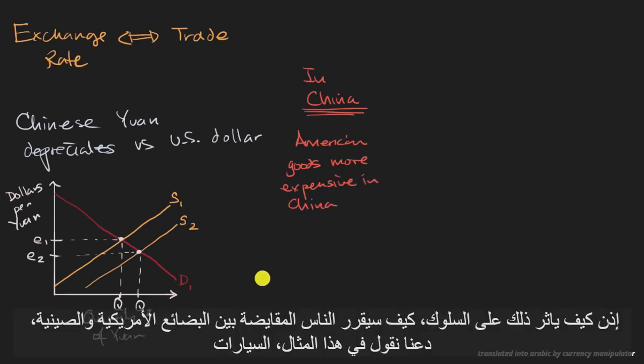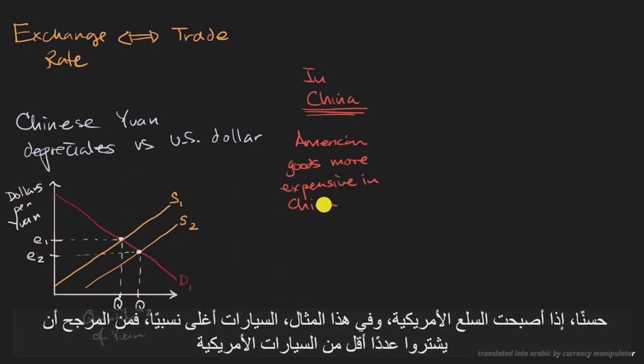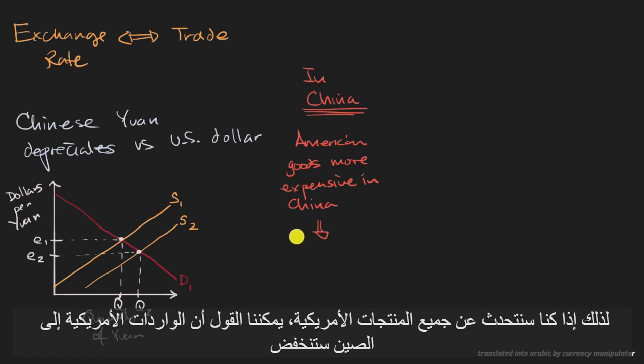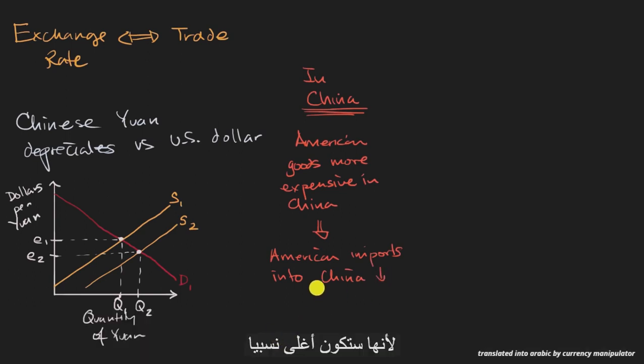And so what might that do to the behavior, or how might people decide to trade off between American and Chinese, let's say in this example, cars? Well, if American goods, in this example cars, become relatively more expensive, then they're likely to buy fewer American cars. And so if we're talking about all American products, we could say American imports into China will go down because they're going to be relatively more expensive.